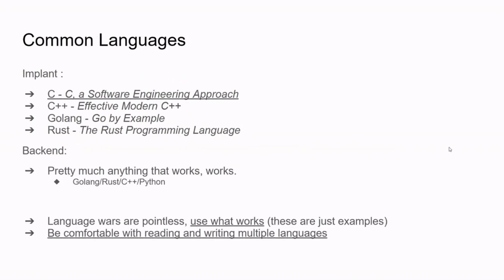As far as the implant goes, on Windows there are about four main languages in which I typically see malware written. Of course, there are other more niche languages such as Nim and whatnot. But as far as getting started goes, I think C is the most important language to learn.